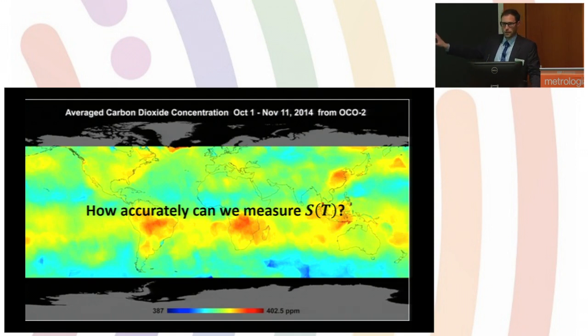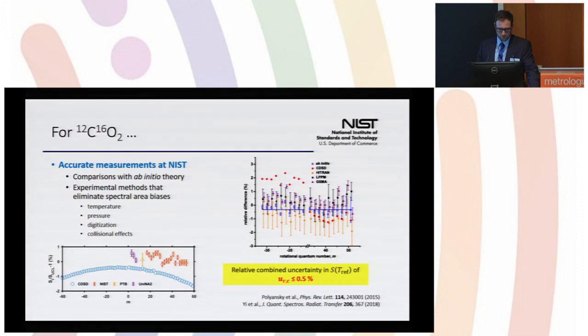Any bias in the transition intensity will directly map into a bias in the mole fraction of CO2 in the atmosphere in this measurement, because OCO is using spectroscopic reference data to extract mole fraction. This is very much the case for upcoming active LiDAR missions in CO2, the ASCENDS mission. This is very much the case for the upcoming methane MERLIN mission, a joint French-German mission. So this is sort of pervasive.